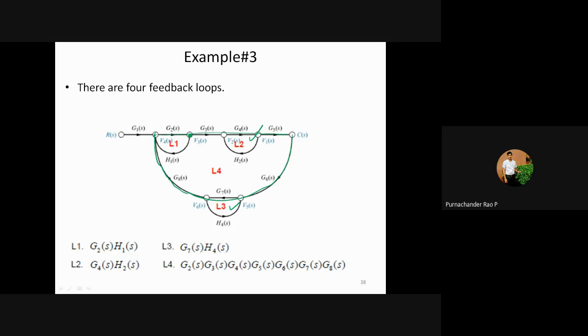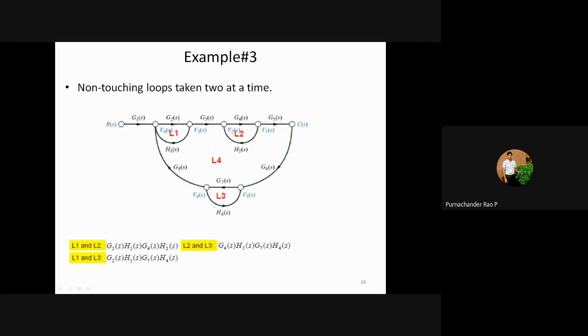Okay, so this value is G2, G3, G4, G5, G6, G7, G8. So here, this one. Okay, so these are 4 possible loops. And by observing this, there are 3 different pairs of loops which are not touching each other.